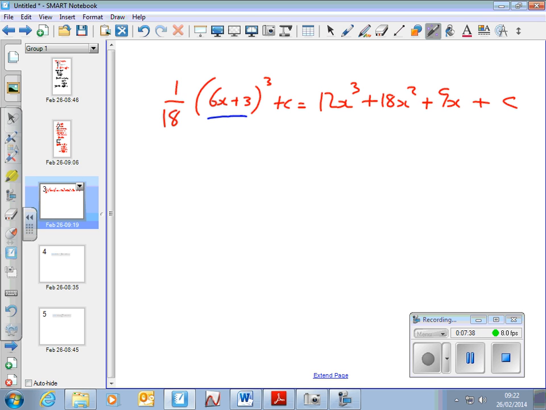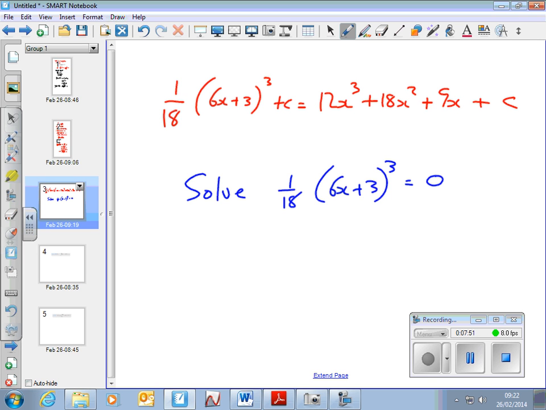If I'm trying to solve 1 over 18, 6x plus 3 cubed equals 0, if I'm trying to solve that, find the value of x that gives me that, in this form it's easy, because I can multiply both sides by 18, this will still be 0 on the right, so therefore 6x plus 3 cubed must equal 0.